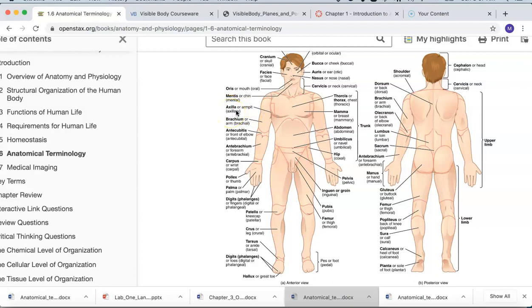So if you're taking someone's axillary temperature, for example, you would take it under their armpit. We always use the term chin, but that's mentis. Another interesting thing, you might think of the leg as being everything from here down to here. But in truth, in anatomical terminology, the leg is only from the knee down to the ankle. So this is the leg, or the crus is the proper anatomical term.